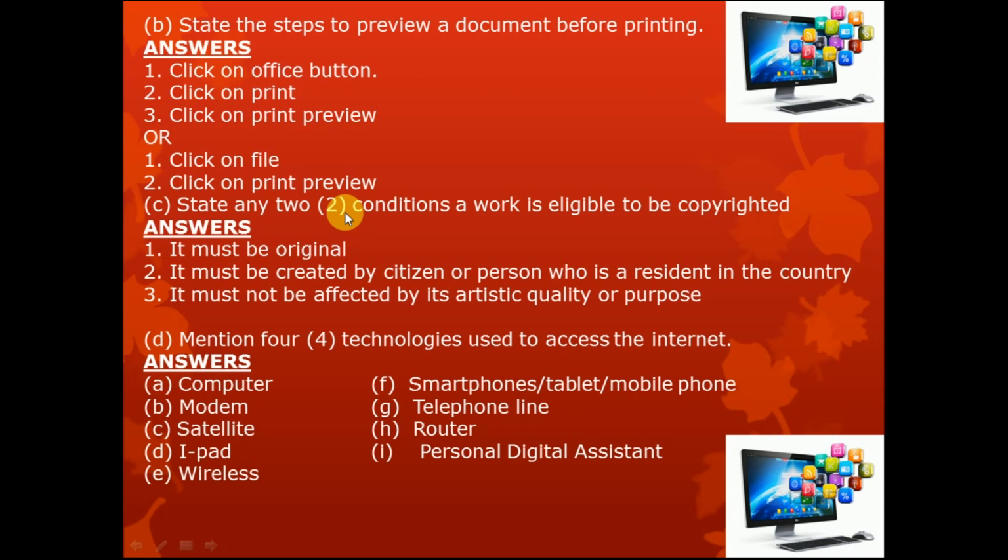So no foreigner. You don't need any foreigner to come and create the product. Then 3, it must not be affected by its artistic quality or purpose. So these are the conditions at which a work is eligible to be copyrighted.